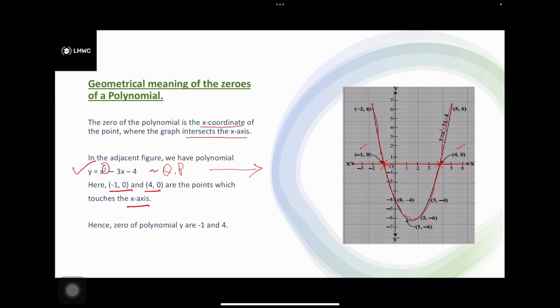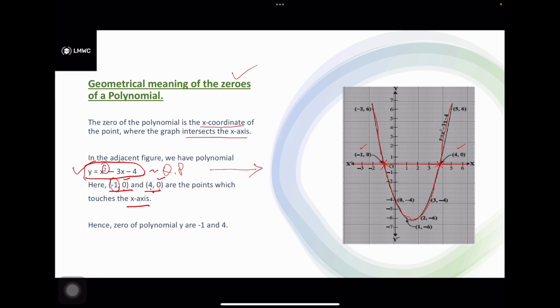Now from these 2 points, what I need to take out is the zero of the polynomial. Zero of the polynomial means at what value of x will y become 0? So in both these coordinate points, y is equal to 0. When you put x as -1, you get 0. Similarly, when you put x equals 4 in this equation, y will be equal to 0.